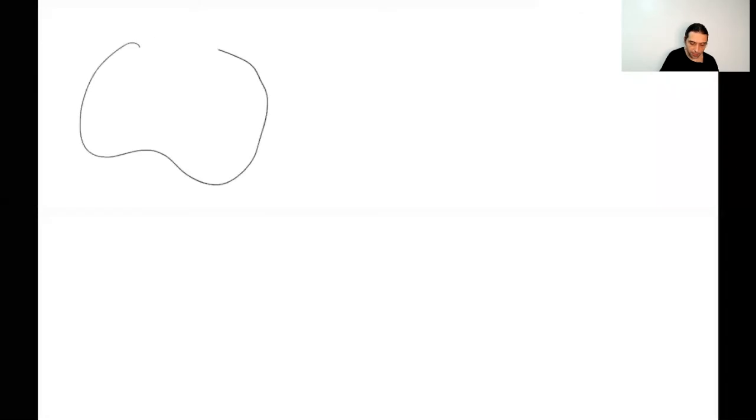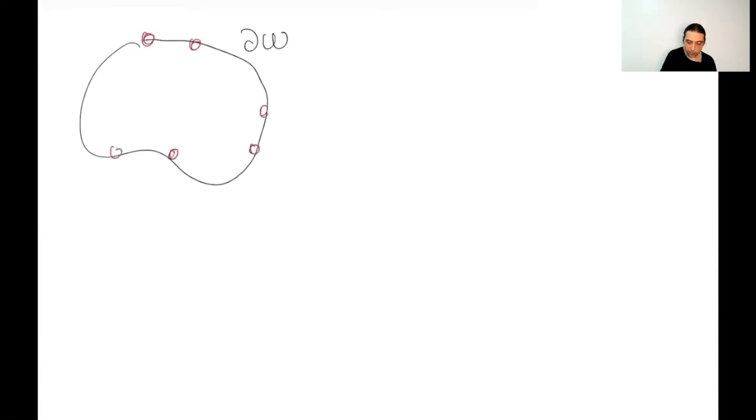So we have here our domain W and its boundary, and we consider the points in the preimage of Y, and we know that we can connect positive and negative points by disjoint neat arcs. Now, since the arcs are disjoint, we can apply the lemma.